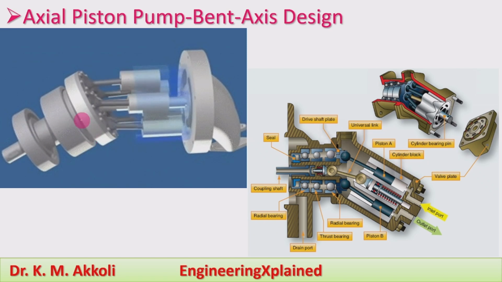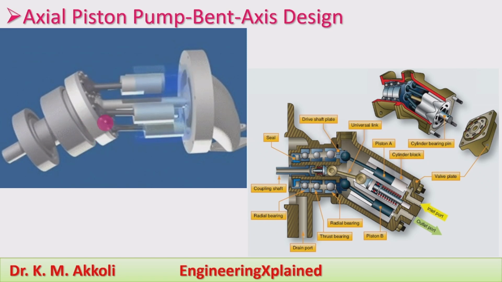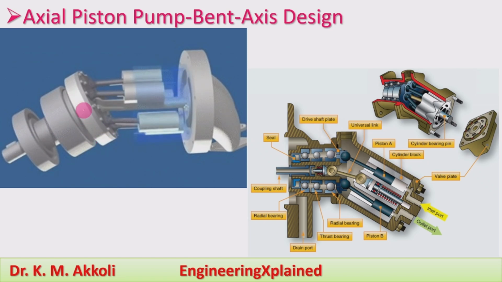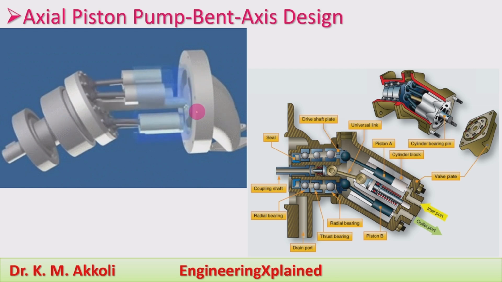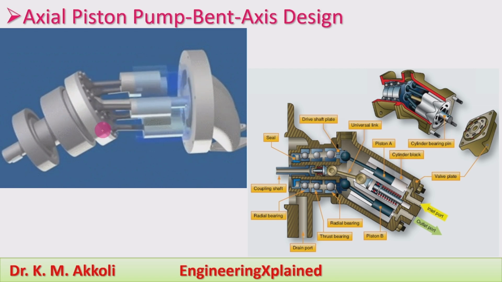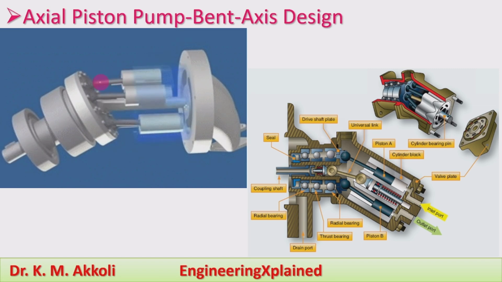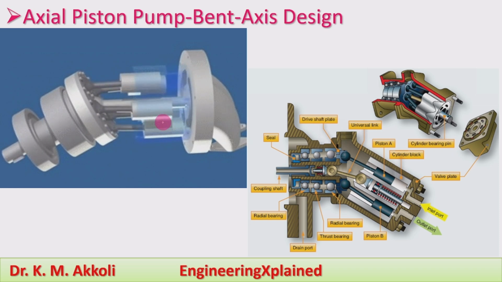To this shaft the piston rods are connected on the plate, and the cylinders are connected to its base. During the rotation of the shaft the piston extends and retracts.